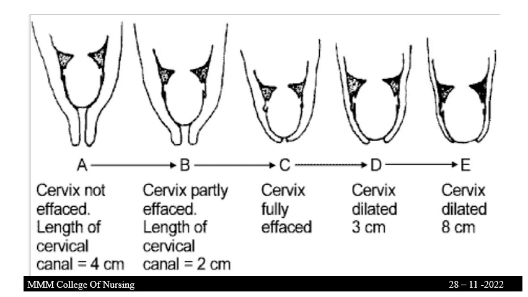In the first picture, the length of the cervical canal is 4 centimeter. In the second picture, the length is 2 centimeter. In the third picture, the cervix is fully effaced. In the fourth picture, it is 3 centimeter dilated. After complete effacement, it is getting dilatation, here 3 centimeter. In the fifth picture, it is almost complete, which is 8 centimeter dilated.